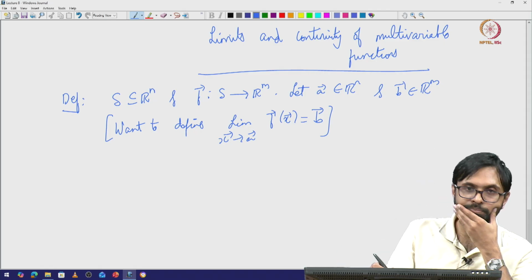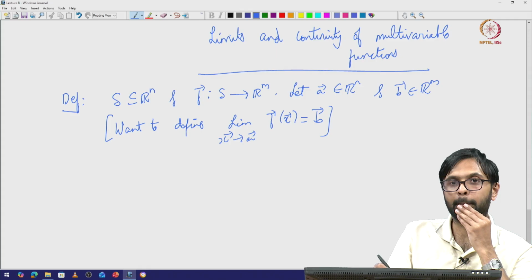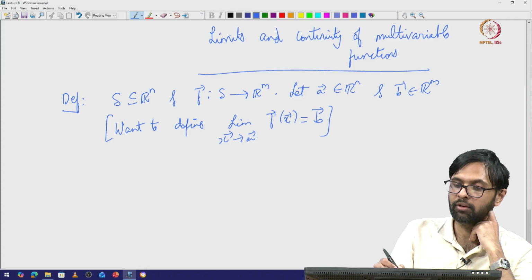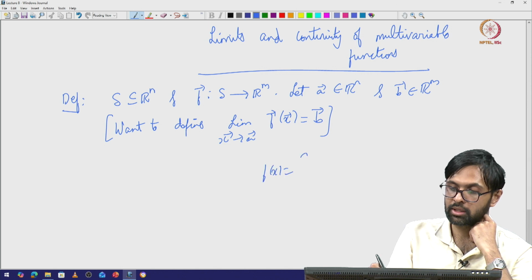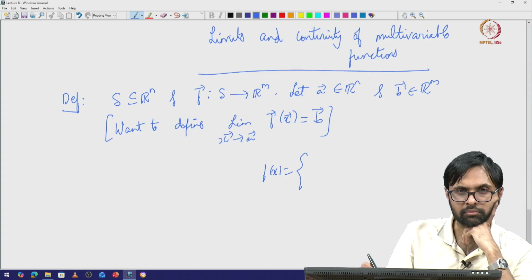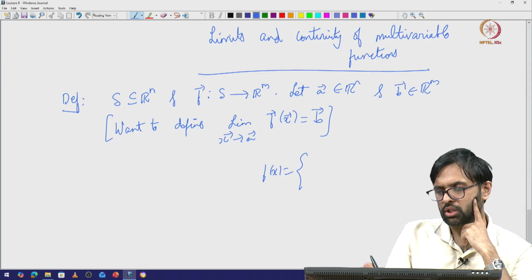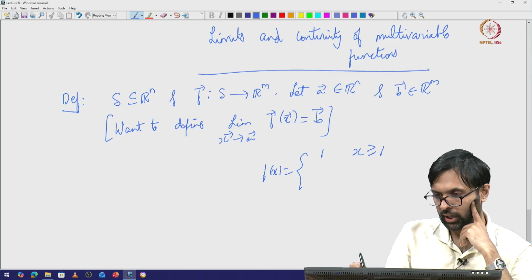So for example, suppose, what happens if A is not in the domain of the function? So for example, in one variable calculus, suppose I define a function of one variable as, let's say, it's 1 when x is larger than 1.